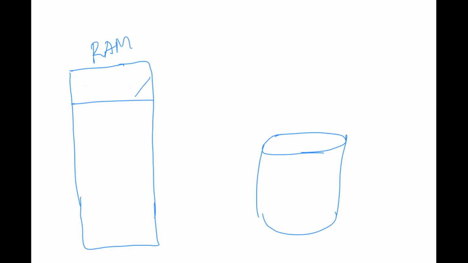Let me also address some parts here. Let's say this is 0. I'm addressing it as a decimal number. This is 100. Here is, let's say, a hole, and here it starts again from 200. Here is also a process, and here is also a hole. Here is another process, and there is also a hole here.